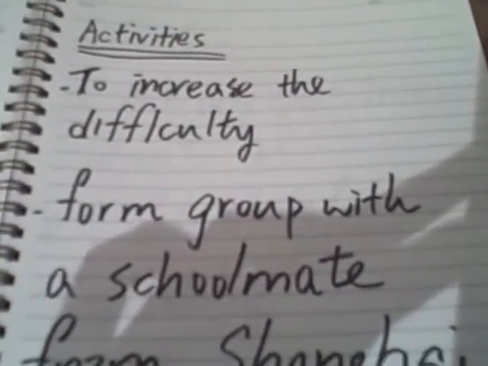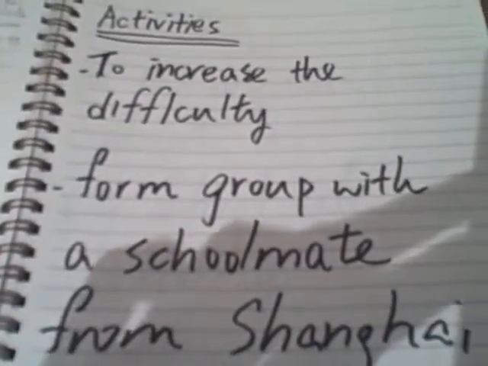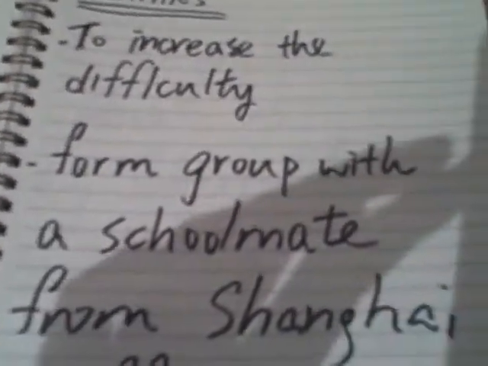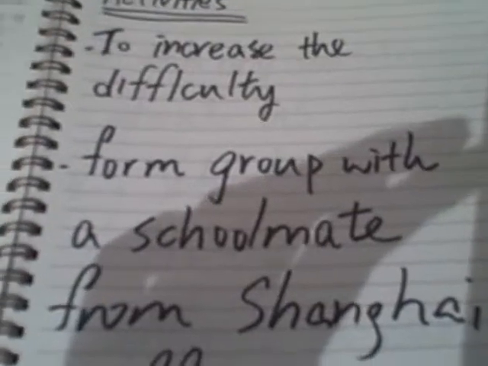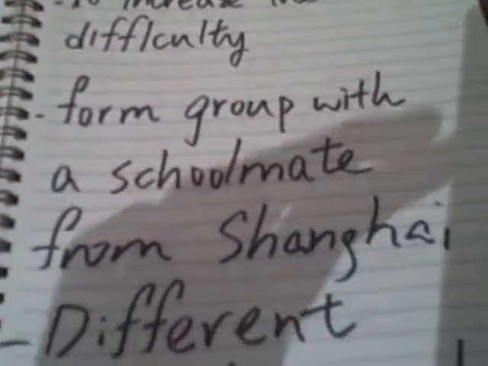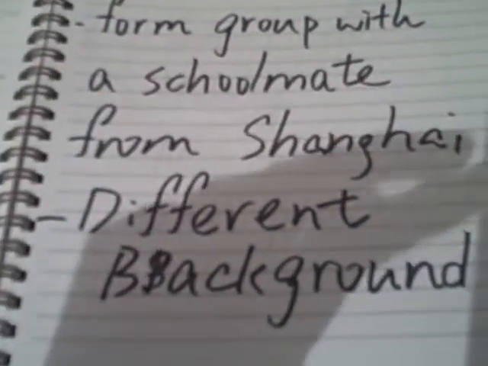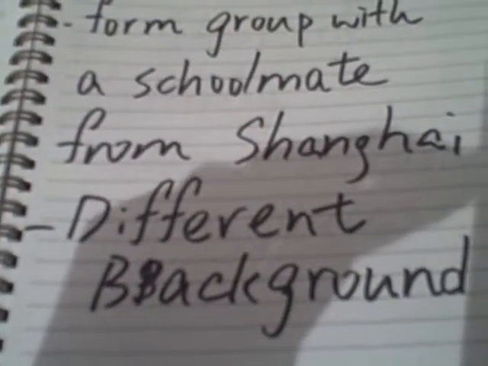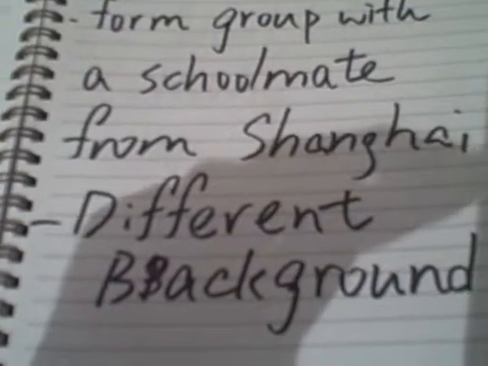As I want to make the difficulty of these activities higher, I form a group with a schoolmate from Shanghai. As we have different backgrounds, the communication relies more on our language.